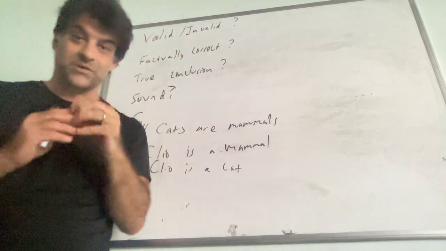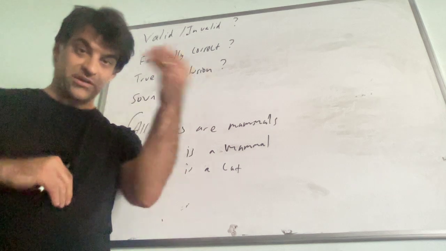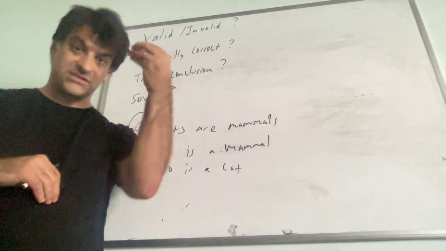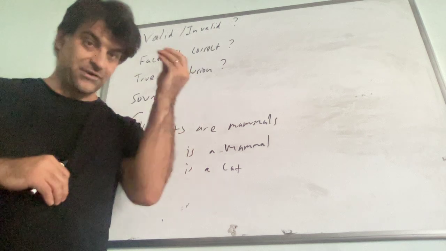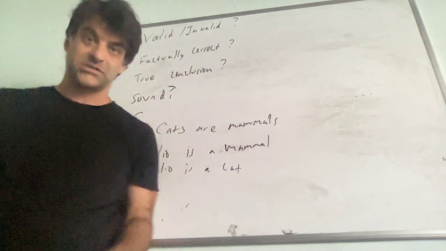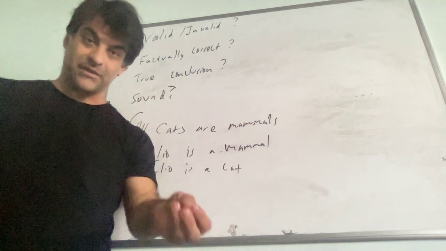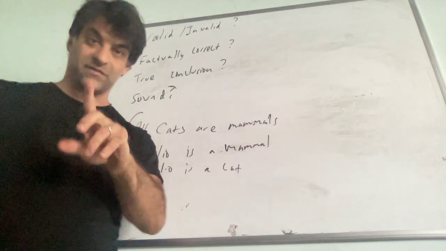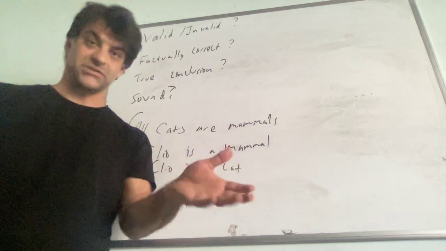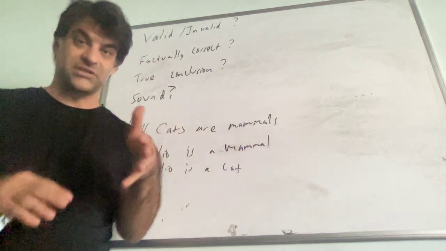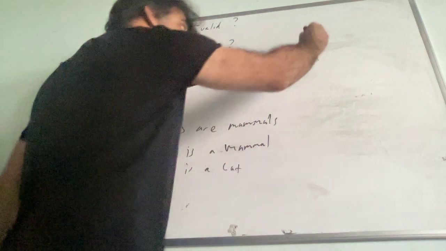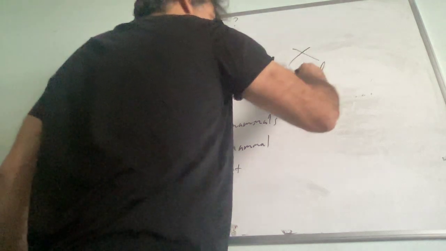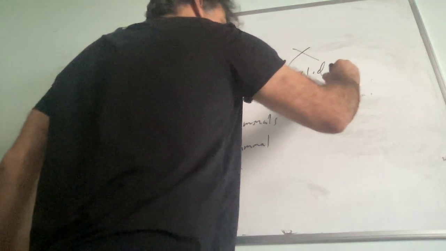There are valid arguments where the link is there, but at least one of the premises is false. It's not factually correct. There are examples of that with false conclusions. There are examples of valid arguments that are factually incorrect, with false premises and true conclusions, right? We can put these in any combination. The only combination we can't have is valid, factually correct, false conclusion.